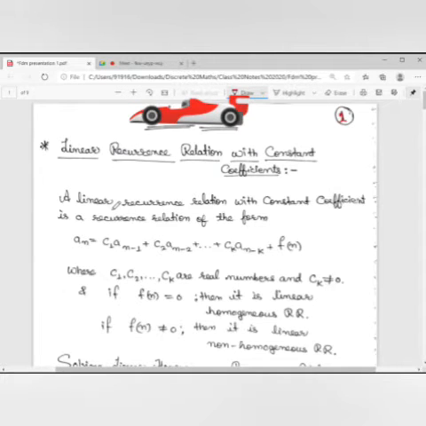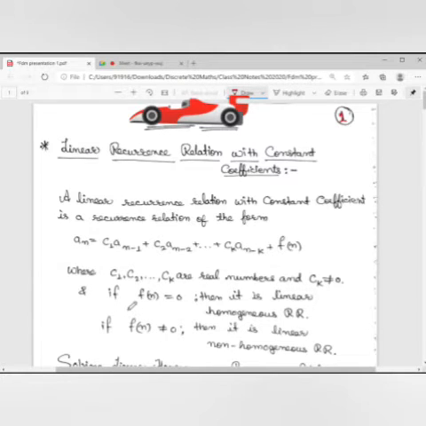A linear recurrence relation with constant coefficient is a recurrence relation of the form a_n = c1 a_(n-1) + c2 a_(n-2) + ... + ck a_(n-k) + f(n). Here f(n) is a function which decides whether it is non-homogeneous or homogeneous. Here c1, c2, up to ck are real numbers and ck is not equal to 0.